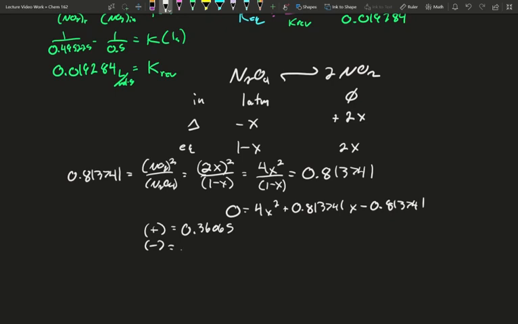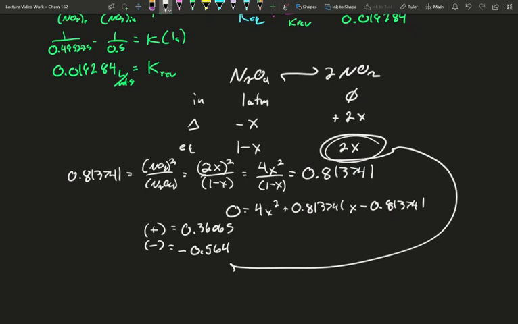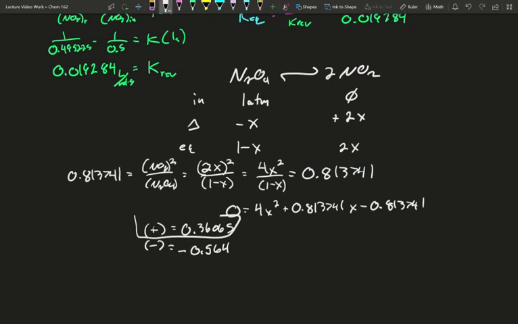The subtraction option will be negative 0.564. Well, I can't have negative products in the end, so the subtraction route must not work. And so our answer must be the addition route. As a result, we can say 1 minus 0.36065 is going to equal the pressure of the N2O4, which is 0.639 atmospheres.